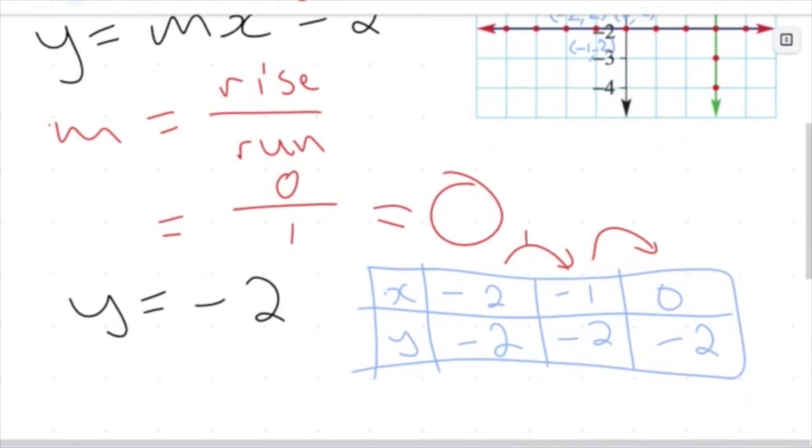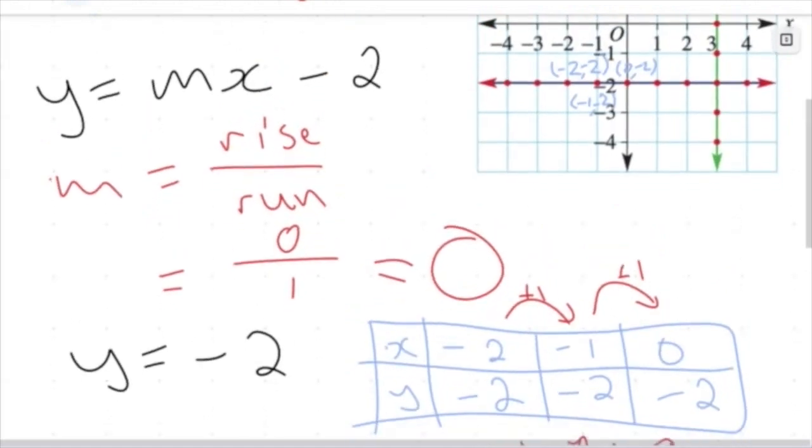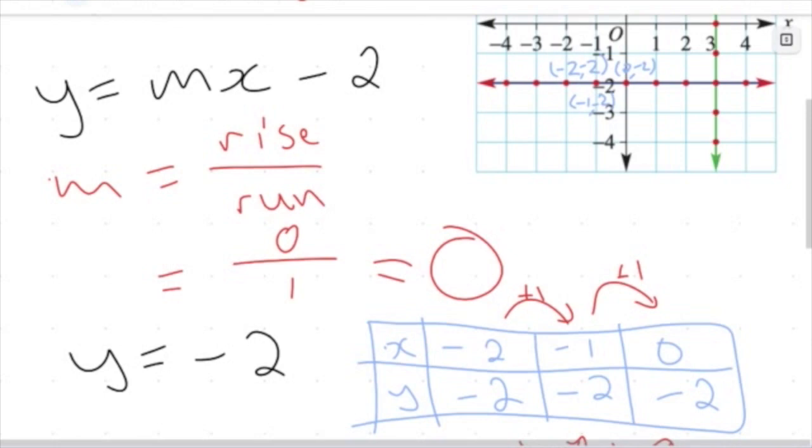So as x goes up +1, my y is going +0, +0. It's actually not changing at all. So I can say no matter where along this line we go, there's no relationship between x and y.